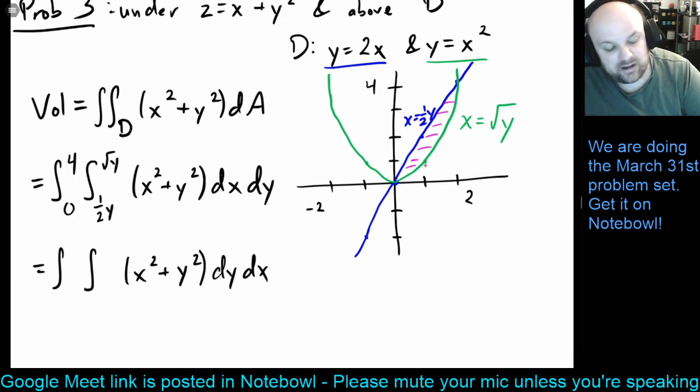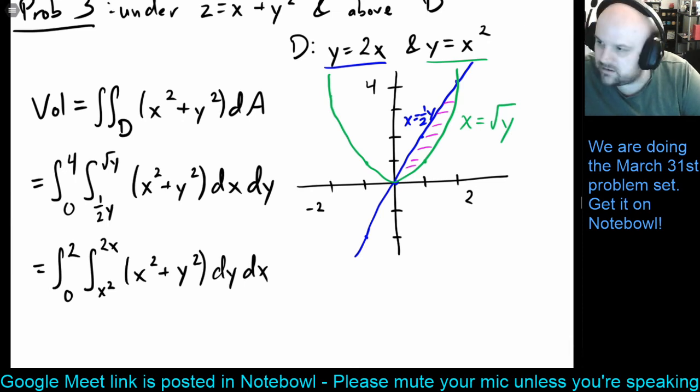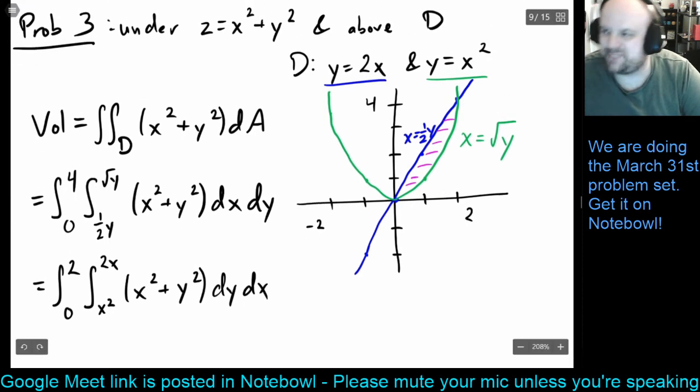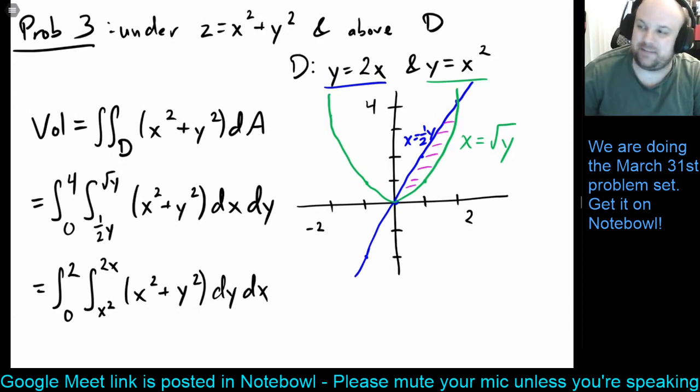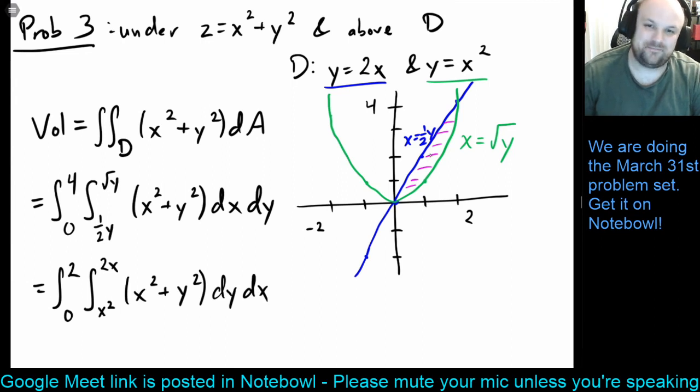So if we're doing y bottom to top, the bottom would be x squared, the top would be 2x, and then x goes from 0 to 2 here, which I realize is almost exactly the same as part 3 of problem 1. In fact, the bounds are exactly the same. So this is the region of integration in problem 1-3. Interesting. I didn't even think about that.